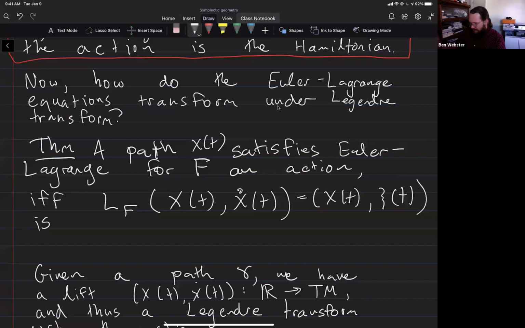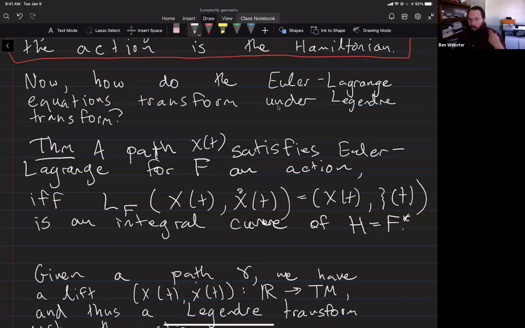And I satisfy the Lagrange equations if and only if this is an integral curve of H, which is the Legendre transform of this action.